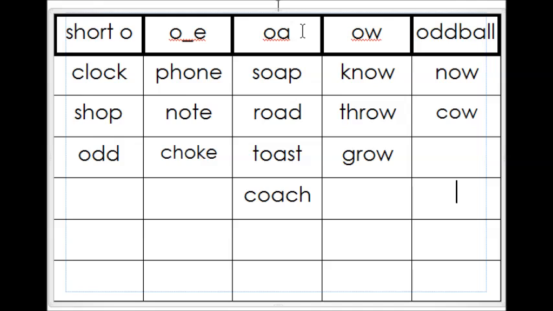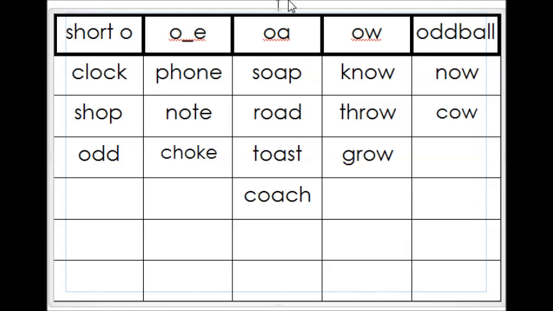The third rule that you've written over and over and over again. First vowel does the talking, second vowel does the walking. In this case, the O is saying its name, the A is walking away. We saw this with EE, EA, and other two vowels together.